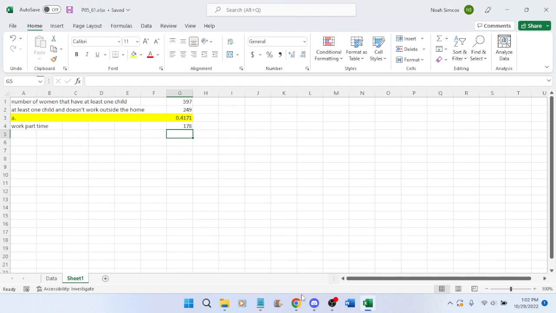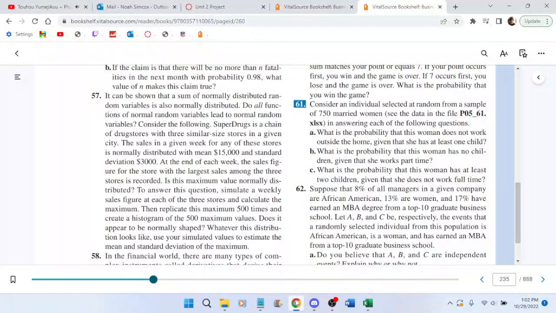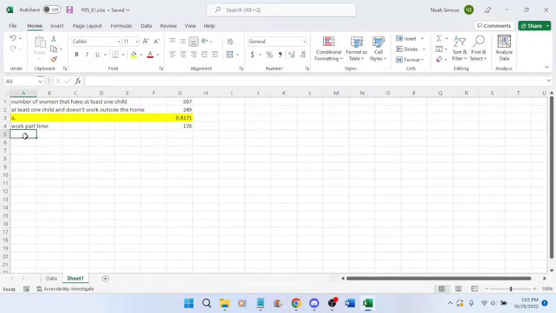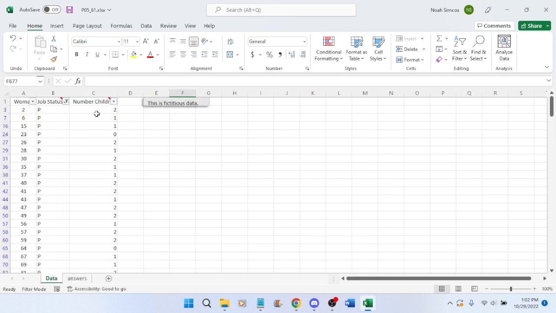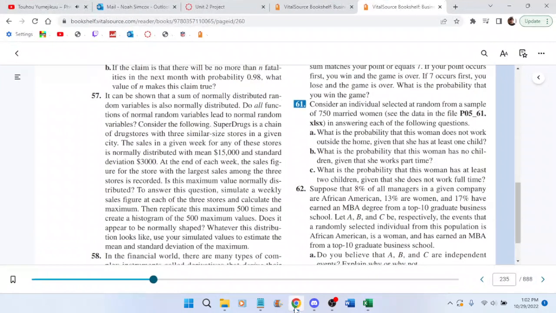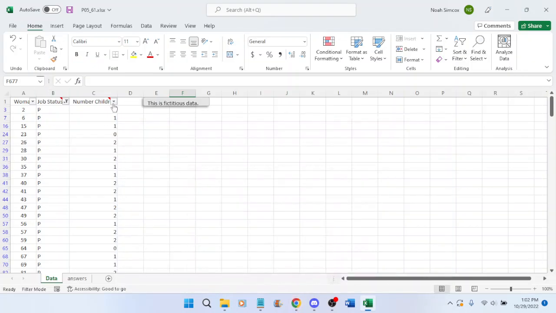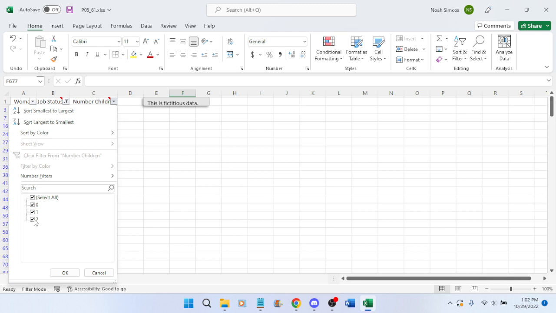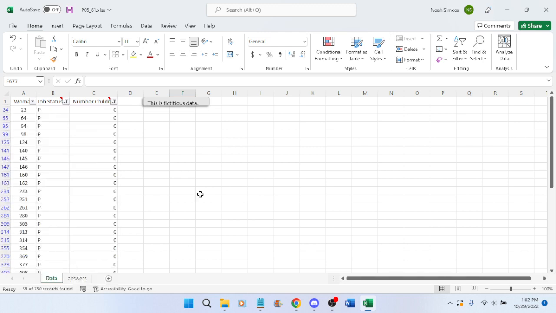Save, and now, no children, has no children. Also put answers here. So we have now selected for part-time. Now we will narrow it down to has no children. So we will get rid of 2 and 1, and that will show us all the results.